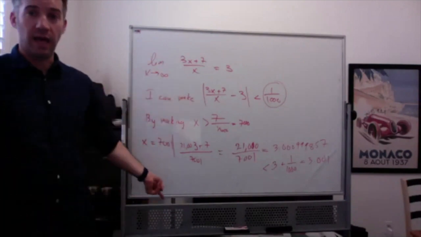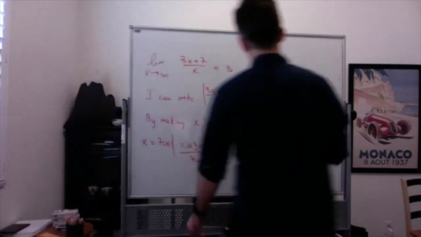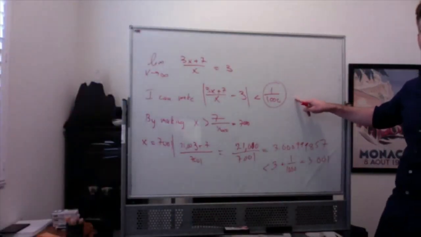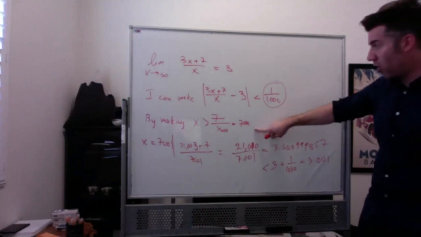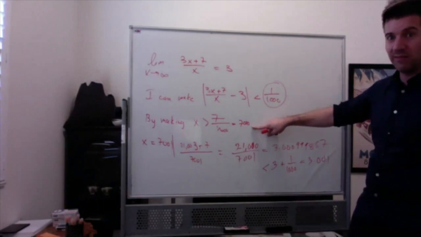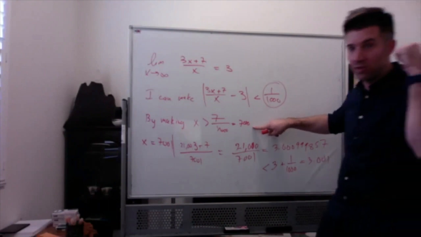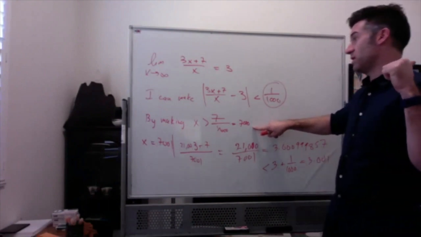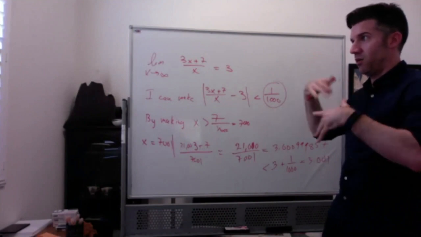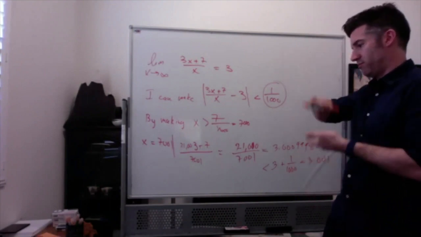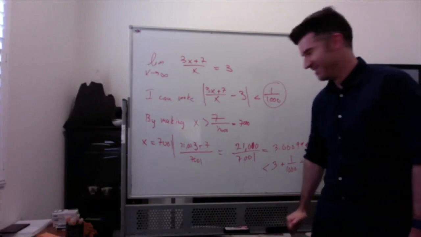And this proves that no matter what you pick as your bound for how close to 3 you want to be, there is always an x such that if you go that far out towards infinity, you can be within that amount of your limit, right?